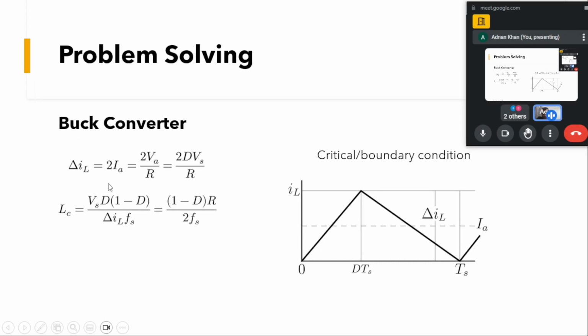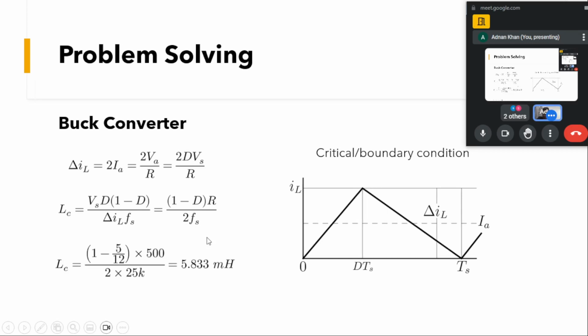So for this critical condition, we know that delta I is equal to 2 D Vs by R. If we substitute this value here, we get L critical equal to (1 minus D) R by 2 Fs. What will be the value of Lc for this critical condition? D is known to us, 5 by 200, R is given as 500, and Fs is equal to 25k.